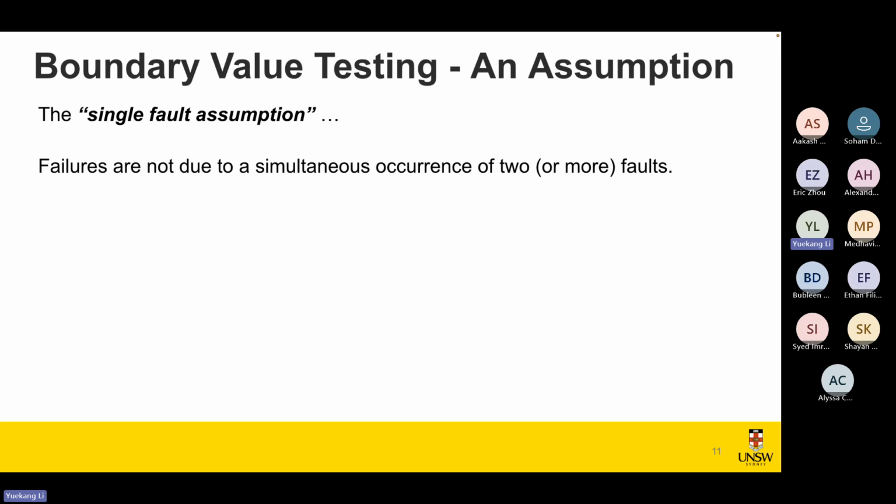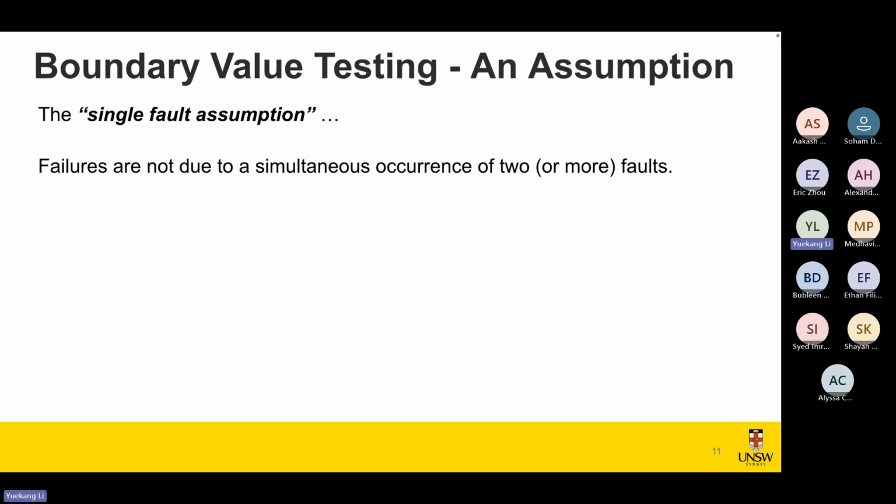There are basically two different types of assumptions we need to think about when we try to design test cases systematically. The first is the single fault assumption. Just now, the program can take two variables, right? This assumption limits the number of parameters that can take an invalid value.